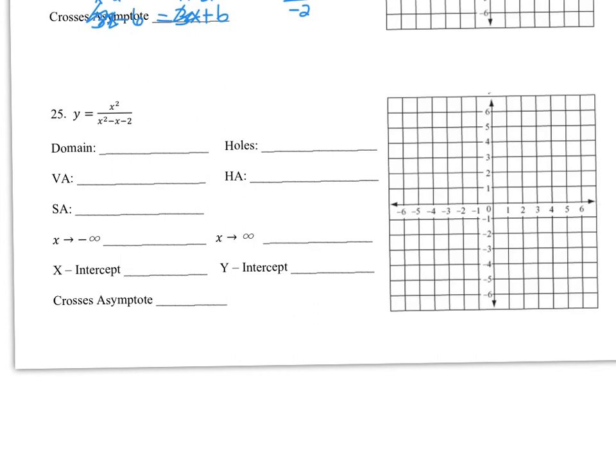Let's go ahead and do this next one. So factor, the denominator is x minus 2 times x plus 1. So domain is all real numbers except where the denominator is zero, which is 2 and negative 1. I have no holes.